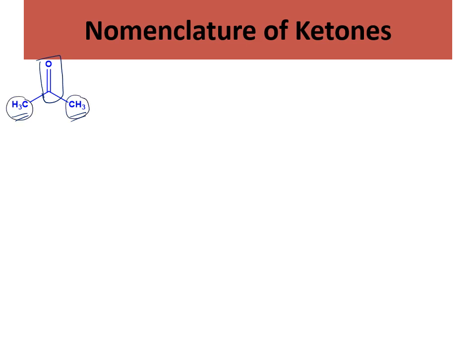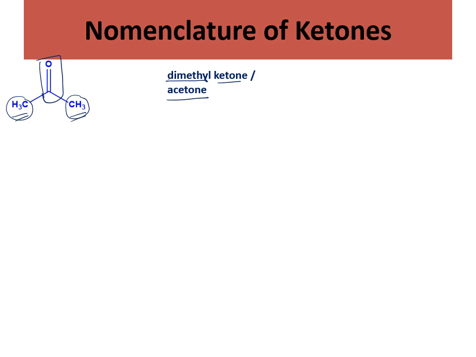There are two methyl groups, so we will say it is a dimethyl compound, and this compound belongs to the ketone family. So what I can say is that it is a dimethyl ketone, and that will be the name for this compound as a common name, dimethyl ketone. That is a ketone with two methyl groups. It is also known as acetone, and both the names are common names and they are widely known.